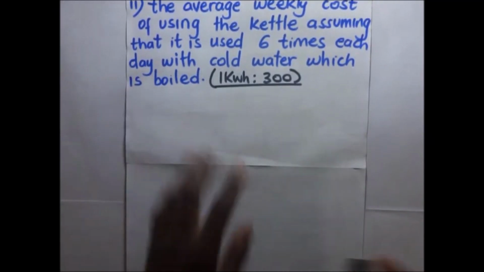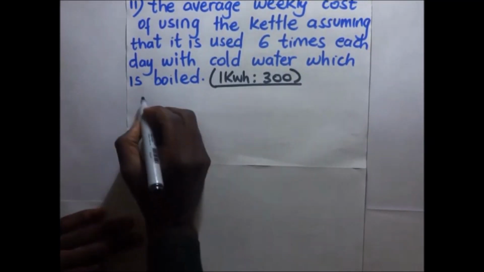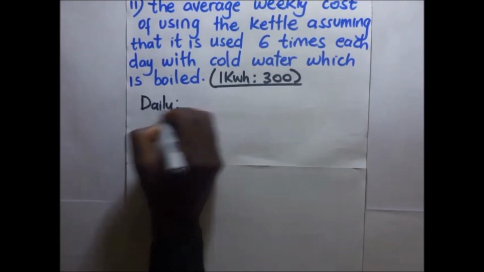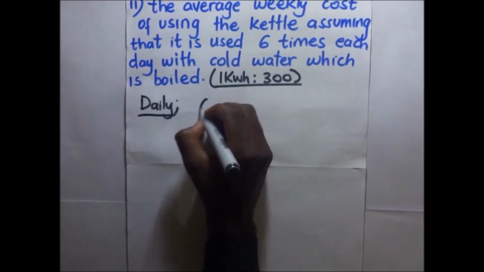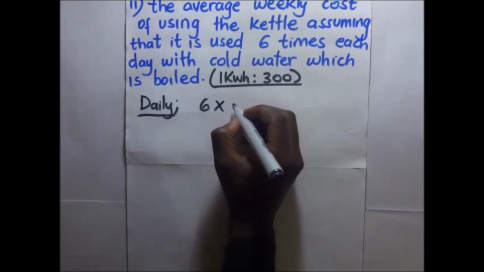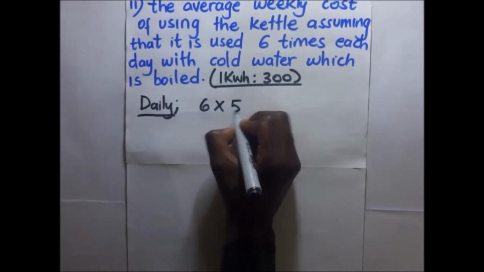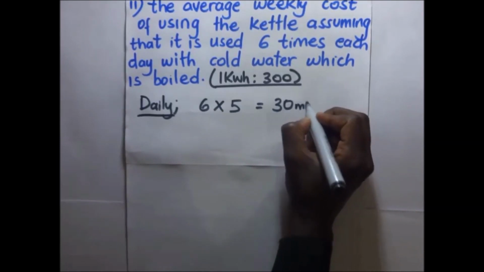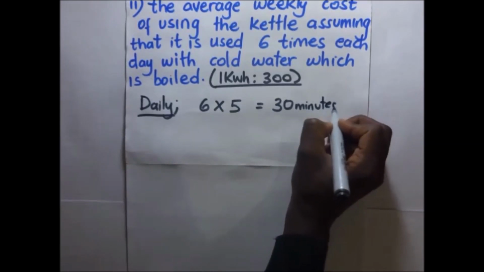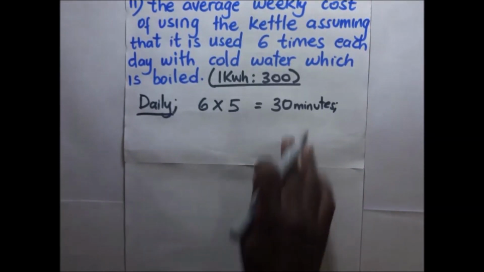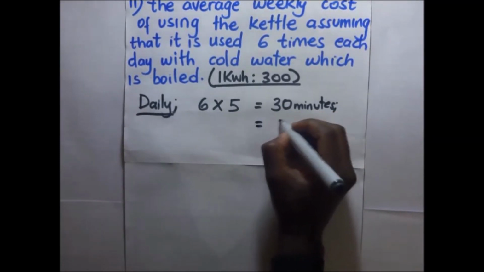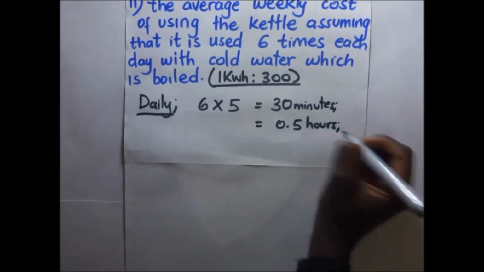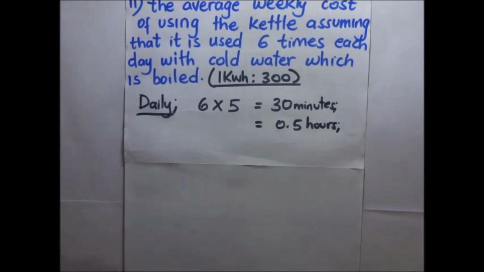So for daily use, they are going to use it 6 times, and each time it's going to take 5 minutes for that water to boil. So 6 times 5 gives us 30 minutes. So each day it's going to spend 30 minutes, and that is 0.5 hours.